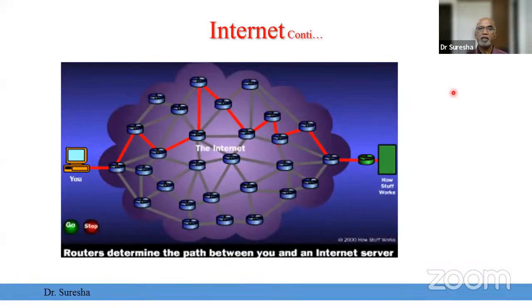So schematically or diagrammatically, how we can represent the internet is like this. Throughout the world, you can see, suppose you are sending some information to this person, how the information travels across different routers, from one state to another state or from one country to another country, whatever it is.